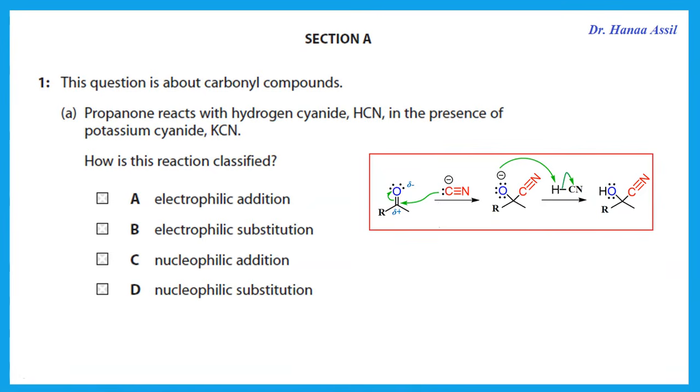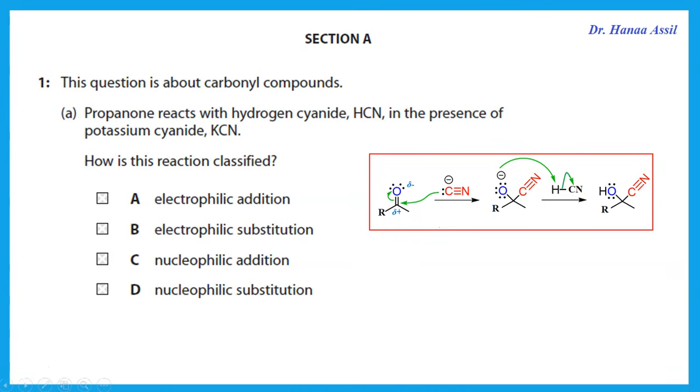Remember, propanone is a ketone, and aldehydes or ketones can be attacked by cyanide, in which the lone pair of electrons on the carbon attacks the slightly positive carbon of the carbonyl. This adds the cyanide at the carbonyl carbon to form a cyanohydrin.